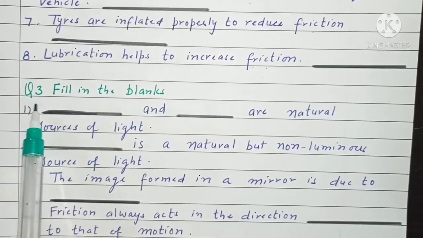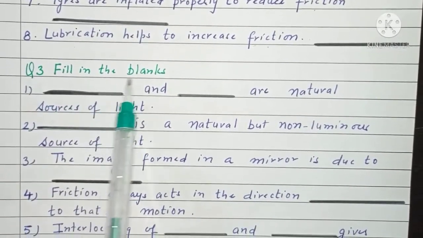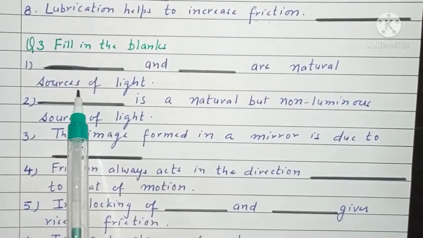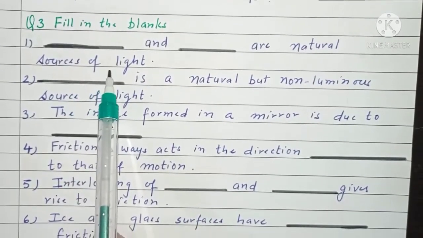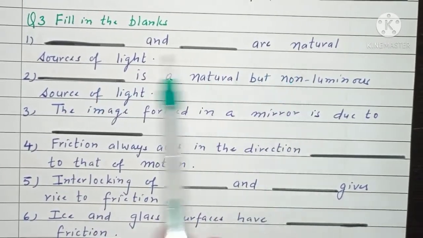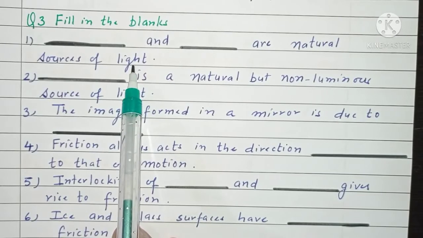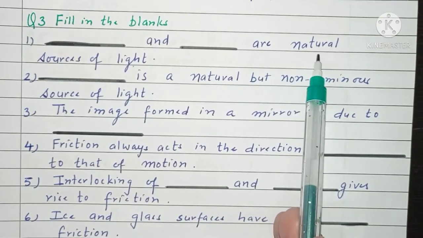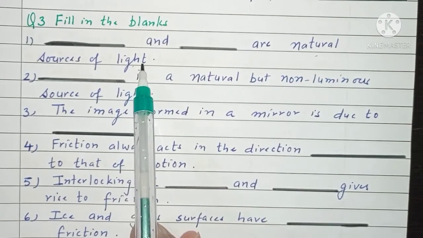In question number 3, we will be doing fill in the blanks. Here, in the first part, you have to write down 2 natural sources of light. Students, we have 2 types of sources of light. One are the natural and the other are the artificial.